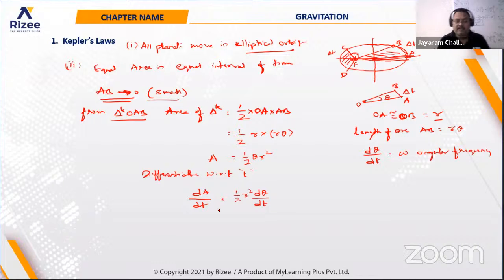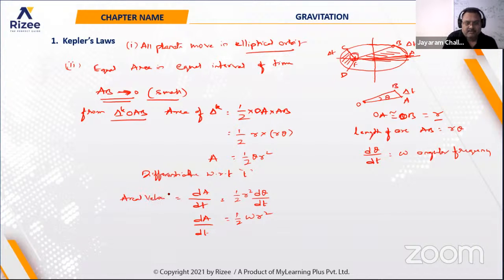So dA by dt is half omega r squared. This is your dA by dt, and dA by dt is called your areal velocity.